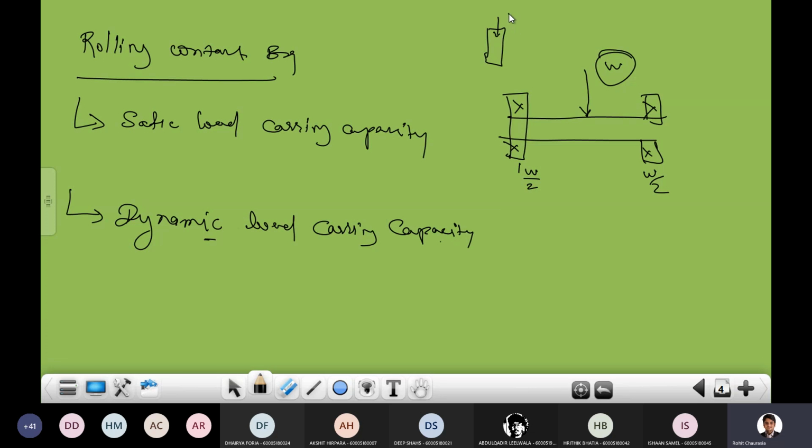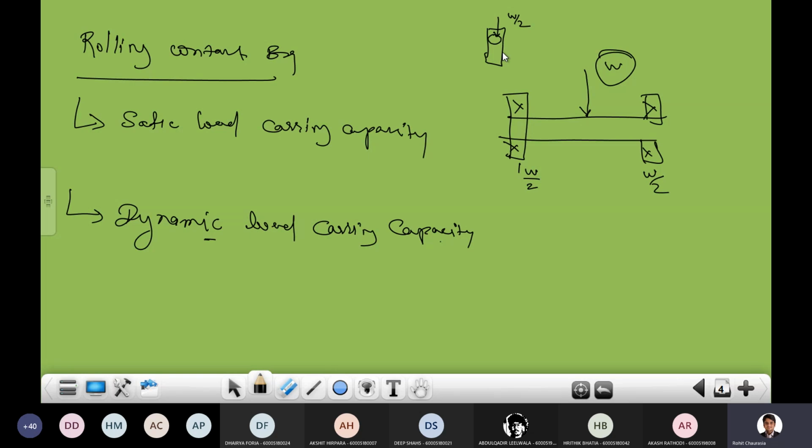Yes, please mute your mics everyone. W by 2. Because of this W by 2, there can be deformation in the balls or rollers, or deformation in the races. So check whether, because of the load acting, any permanent deformation has occurred on the ball or races.